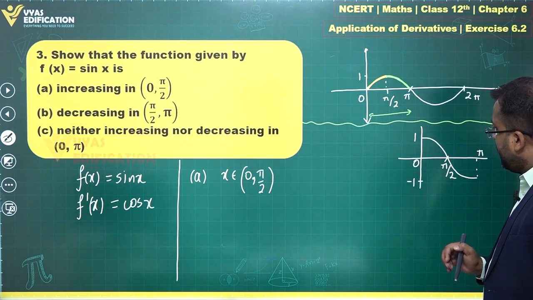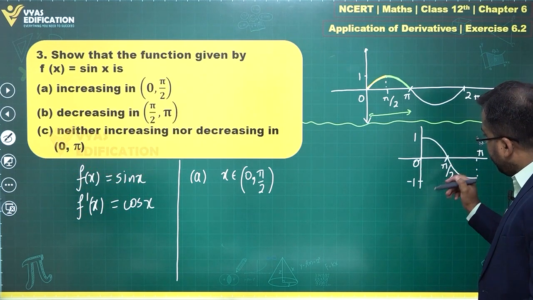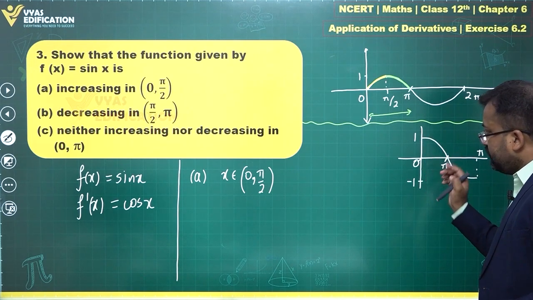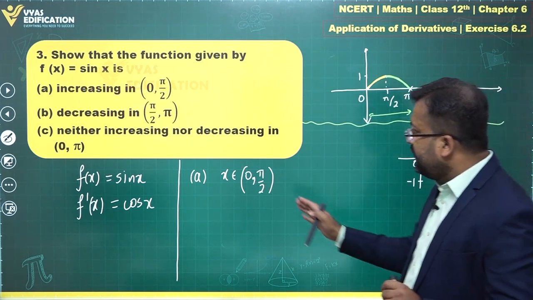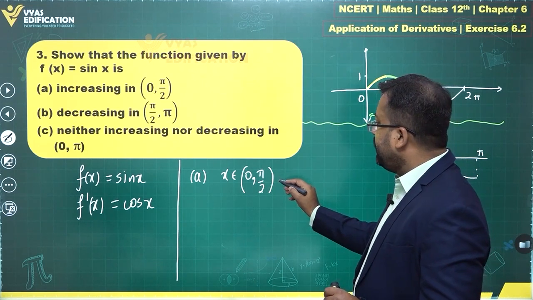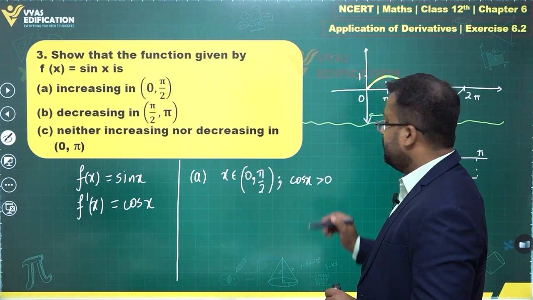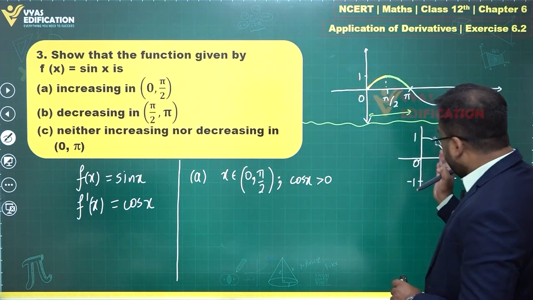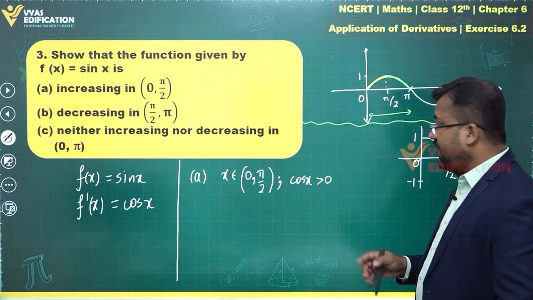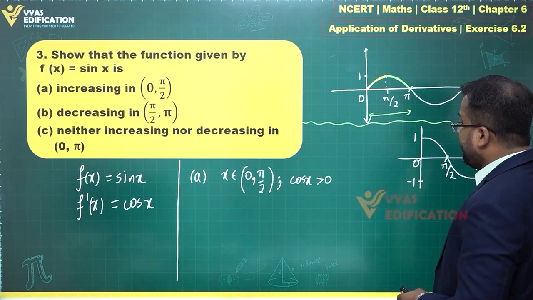The highest point will be 1. From 0 to pi by 2, you can observe the value decreases from 1 to 0, but it is always positive, right? For x belongs to (0, pi by 2), we know that cos x is greater than 0 and less than 1 as well. Cos x lies between 0 and 1.